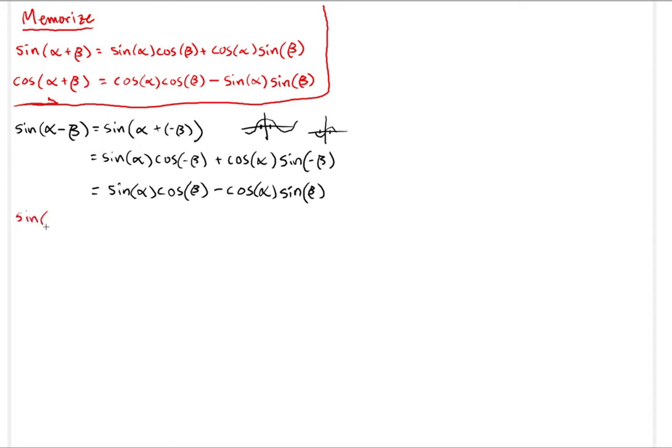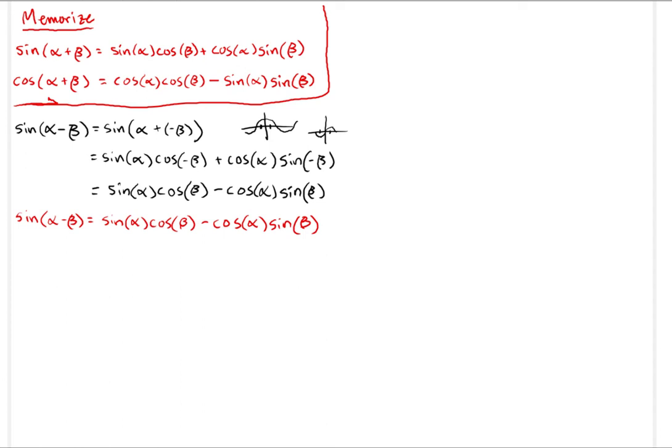Sine of alpha minus beta is equal to sine, cosine, minus cosine, sine. Now you might say to yourself, well, geez, I'd rather just memorize that that's what it is rather than go through all that. And that's totally fine. I'm just telling you how to reproduce it if you forget it.